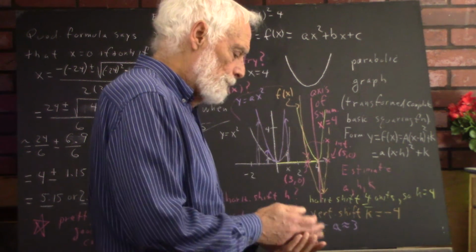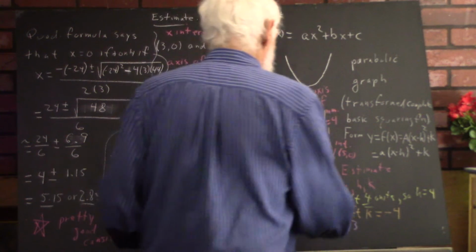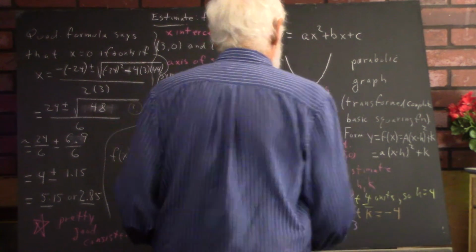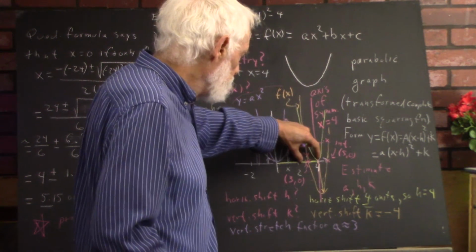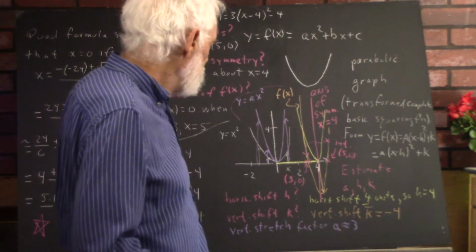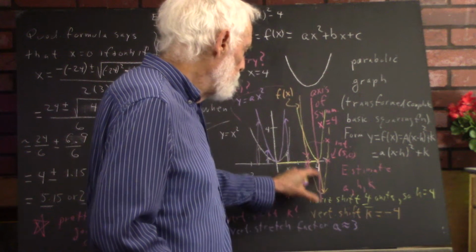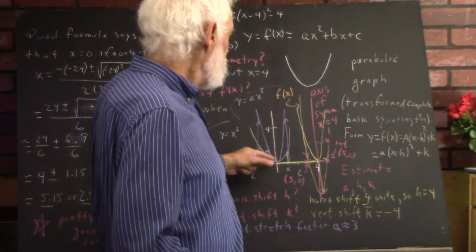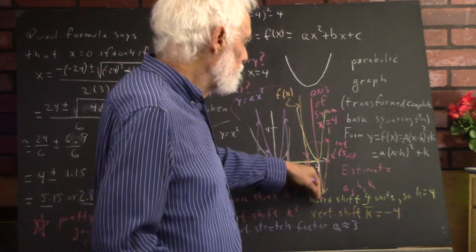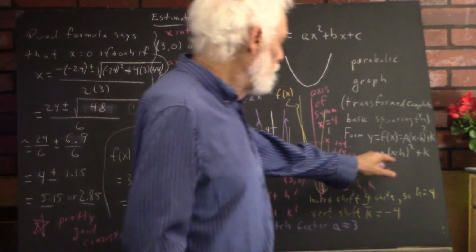You can almost see it, but it's been kind of written over. So 4 on the x-axis, well, there's 2, so there's 4. That makes sense. And then 4 units in the y direction. It looks like that's about what we did. So we have a horizontal shift of 4, vertical shift of -4. Now we know what h and k are.